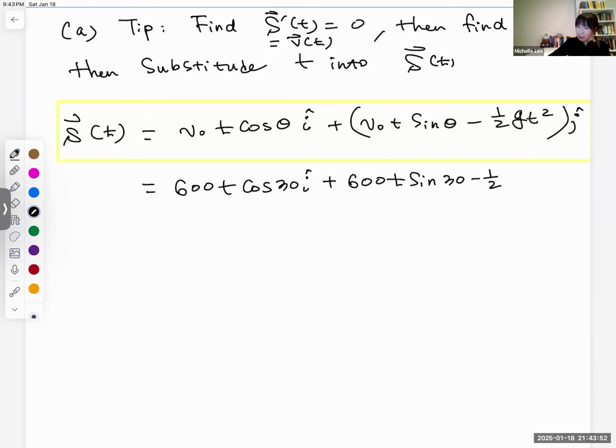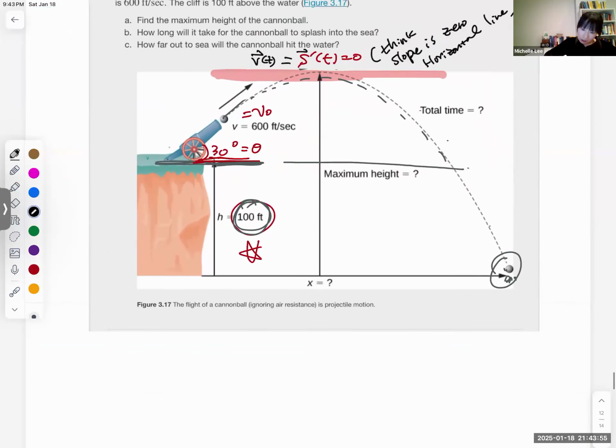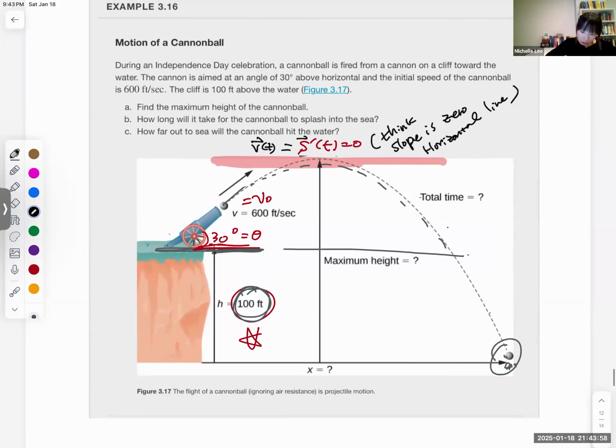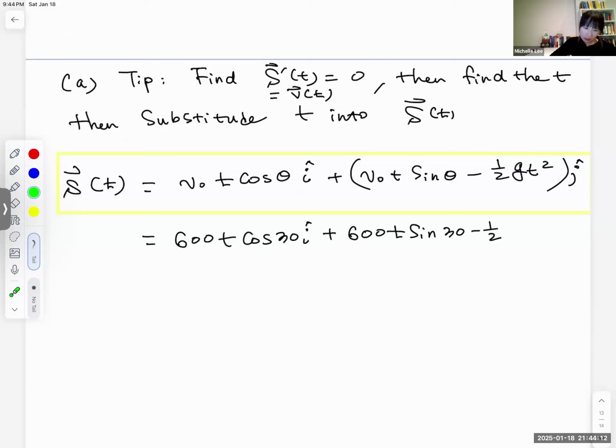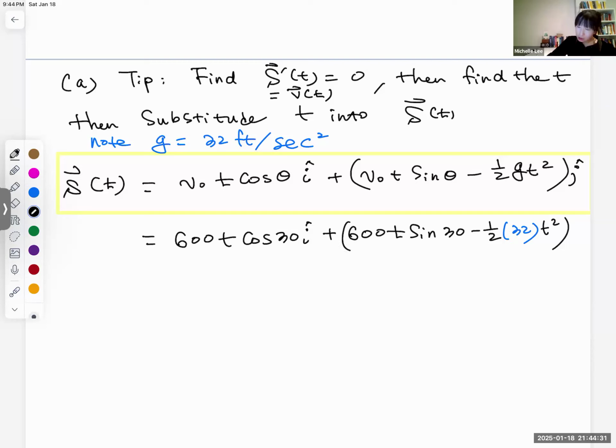Is it 9.8, 30, or 32? Okay, so they're using feet. If we have feet, we are using 32 feet per second squared. Yeah. Okay. So G equal to 32 feet per second squared, right? So 32 and T squared, j hat.